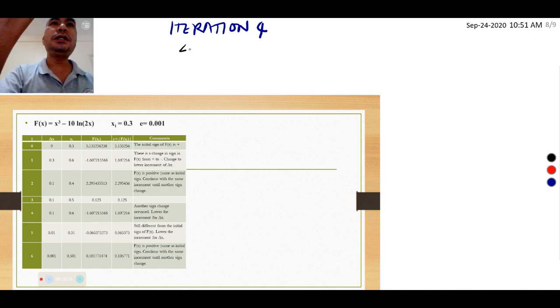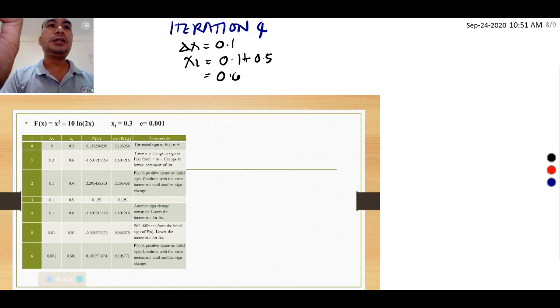We have here the delta x that is still equal to 0.1, and what will be my xi? 0.1 plus 0.5. That will give me 0.6.